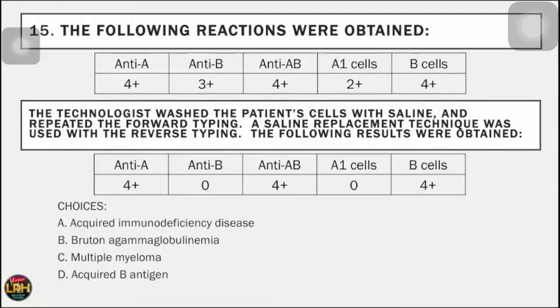A saline replacement technique was used with the reverse typing. The following results were obtained: anti-A 4+, anti-B no agglutination, anti-AB 4+, A1 cell no agglutination, and B cells 4+. So in this case, what we can observe is a rouleau formation.